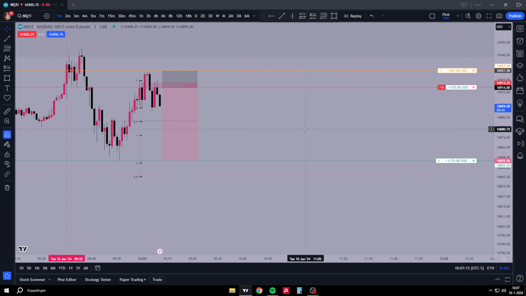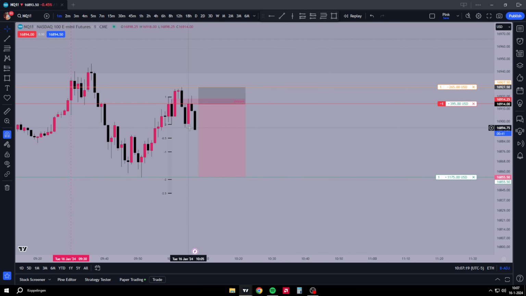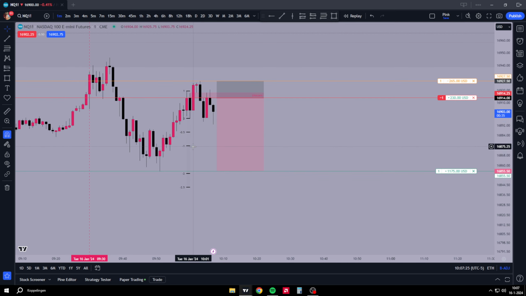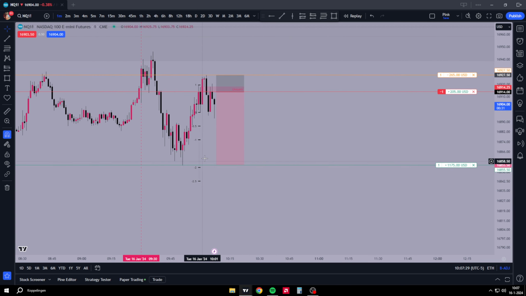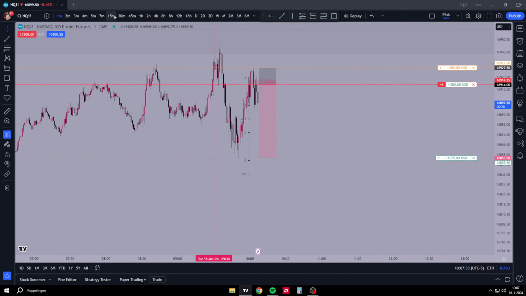So no partials. Easy draw on liquidity. Easy target. Minus 0.5 standard deviation. -1 doesn't really give us anything. -2, -2.5 standard deviation brings us to that low again. But yeah.